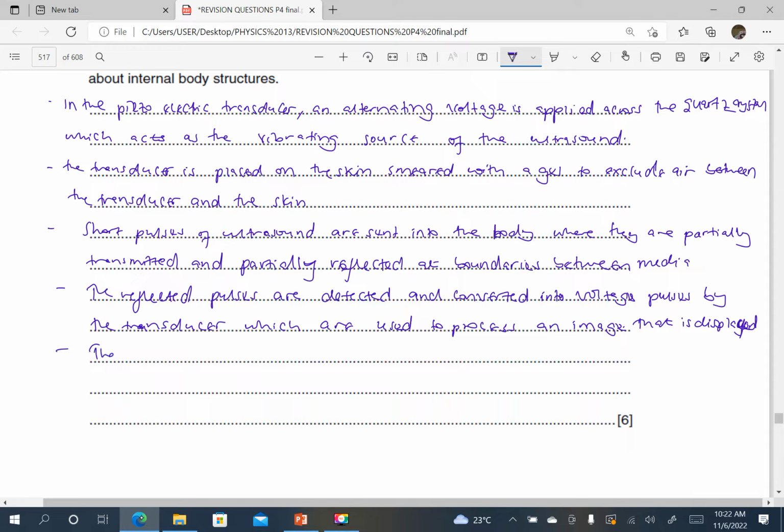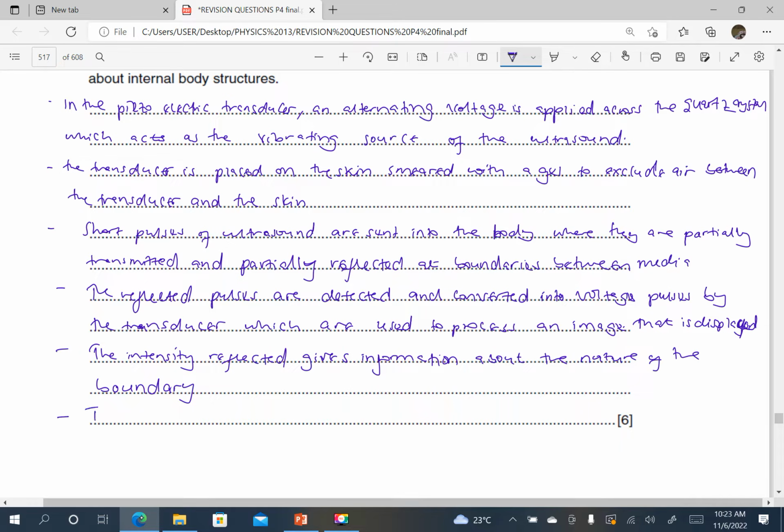So we can say the intensity reflected gives information about the nature of the boundary.